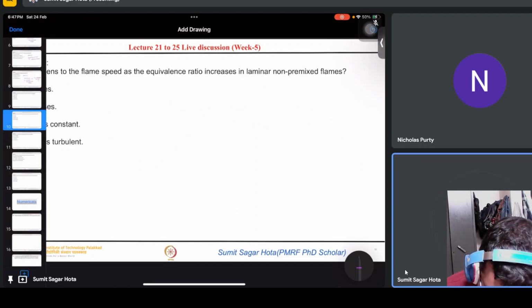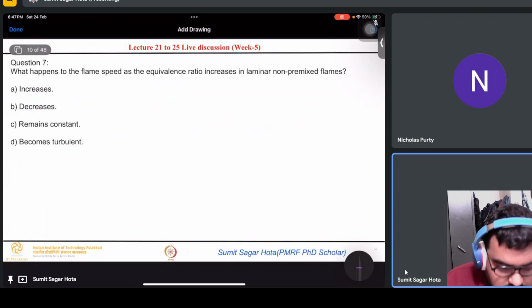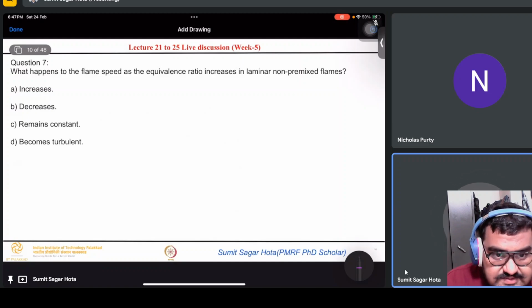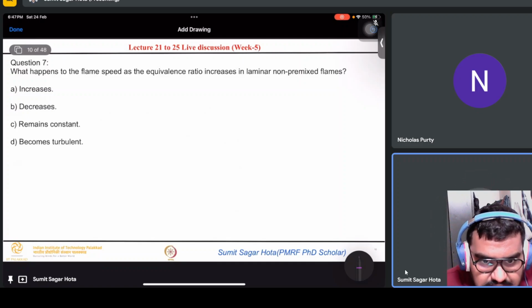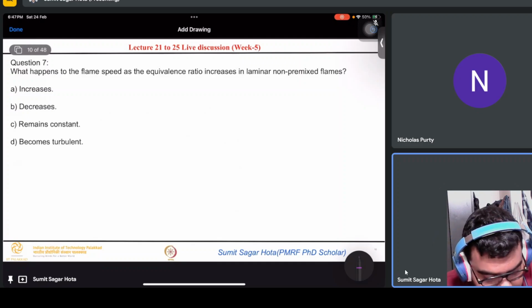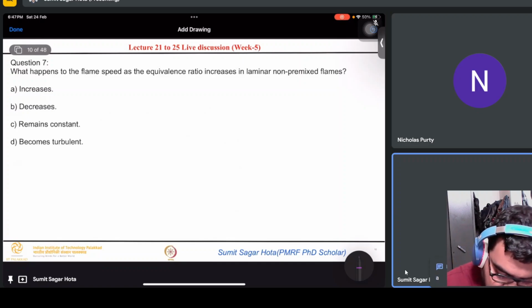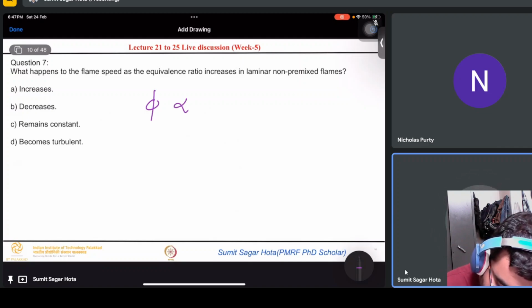Okay, next question. What happens to the flame speed as the equivalence ratio increases in a laminar non-premixed flame?